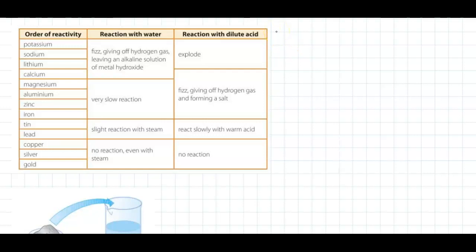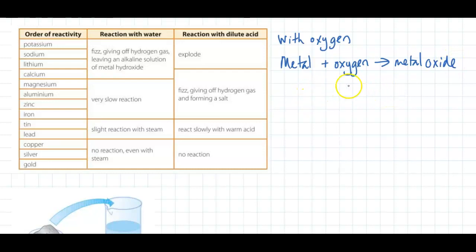Right, so some important reactions, first of all with oxygen. So remember that if a metal, I can insert the name of the metal here, lithium, calcium, magnesium, zinc, iron, reacts with oxygen, then we simply describe it as an oxide.